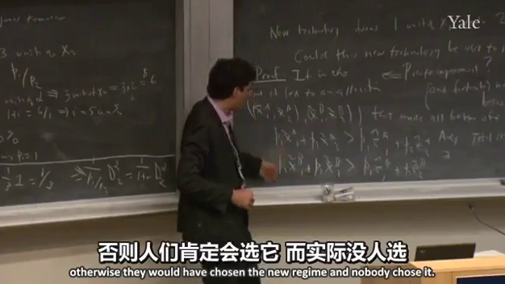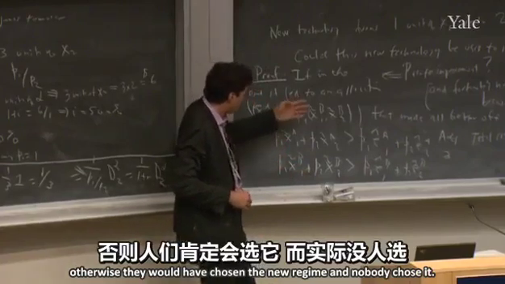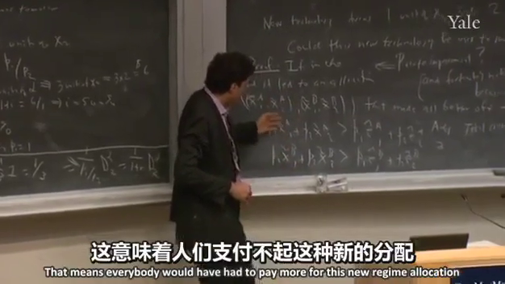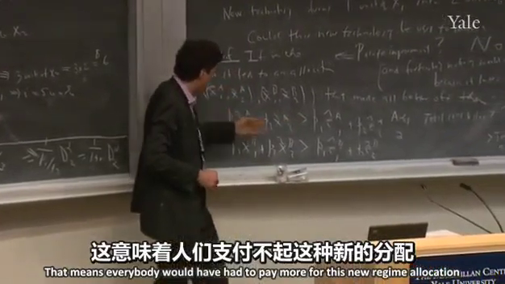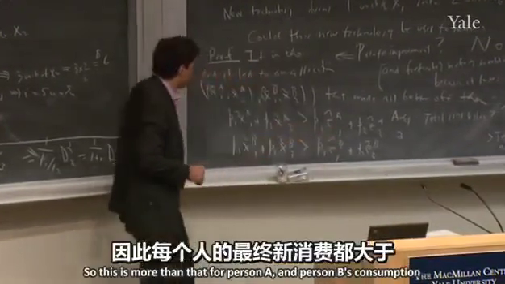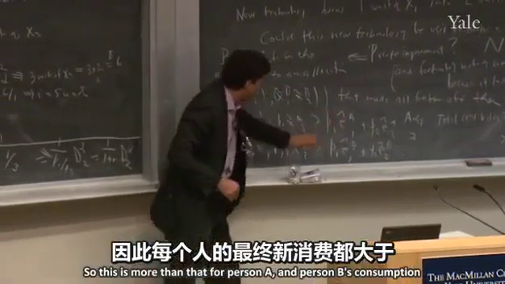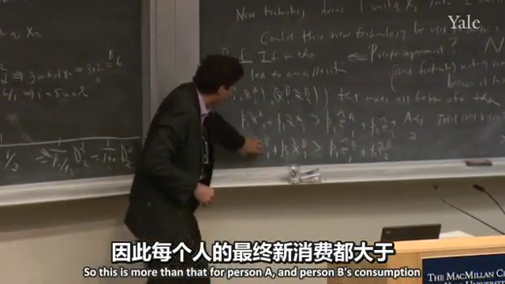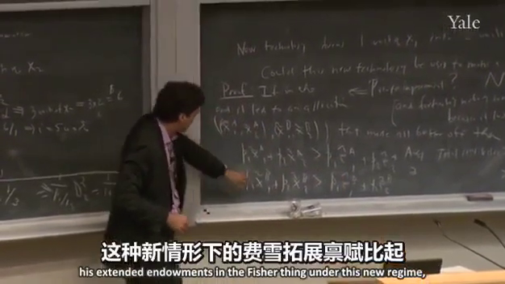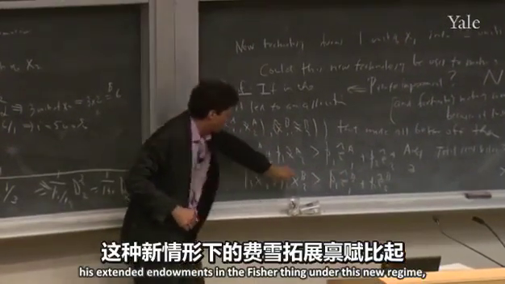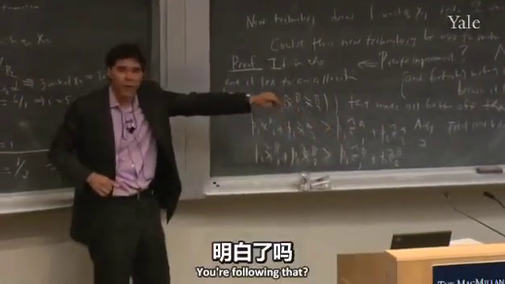Otherwise, they would have chosen the new regime. And nobody chose it. That means everybody would have had to pay more for this new regime allocation than the value of their endowments. So this is more than that for person A, and person B's consumption is more than the value of his endowments, his extended endowments in the Fisher setup. You're following that?